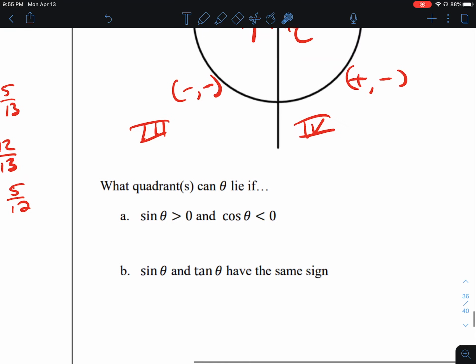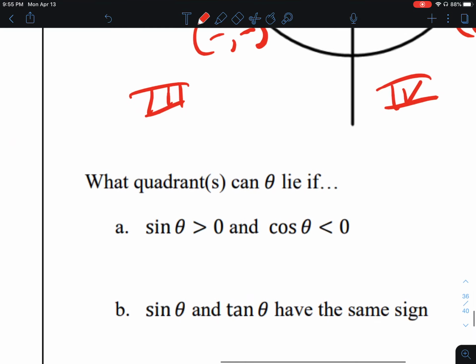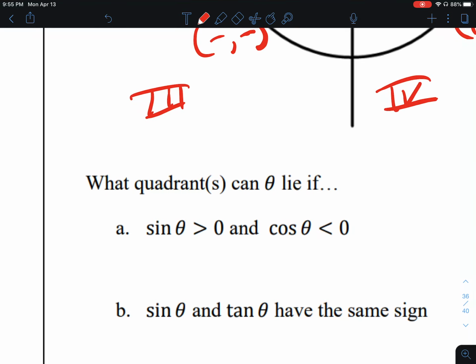In what quadrants can theta be if sine of theta is bigger than 0 and cosine of theta is less than 0? Here's what this is really saying. Since r is always positive, we can dismiss r in our thinking for this. Sine of theta is y over r. So if sine of theta is bigger than 0, this is really saying y is bigger than 0.